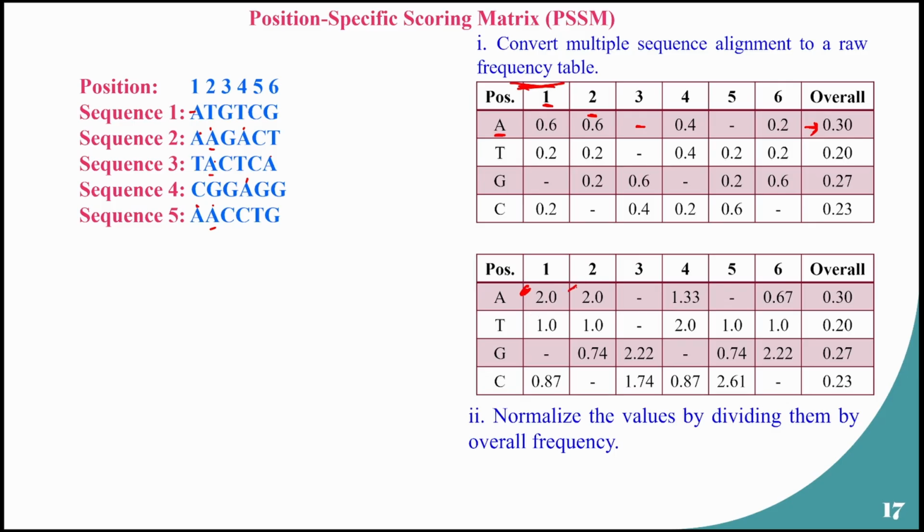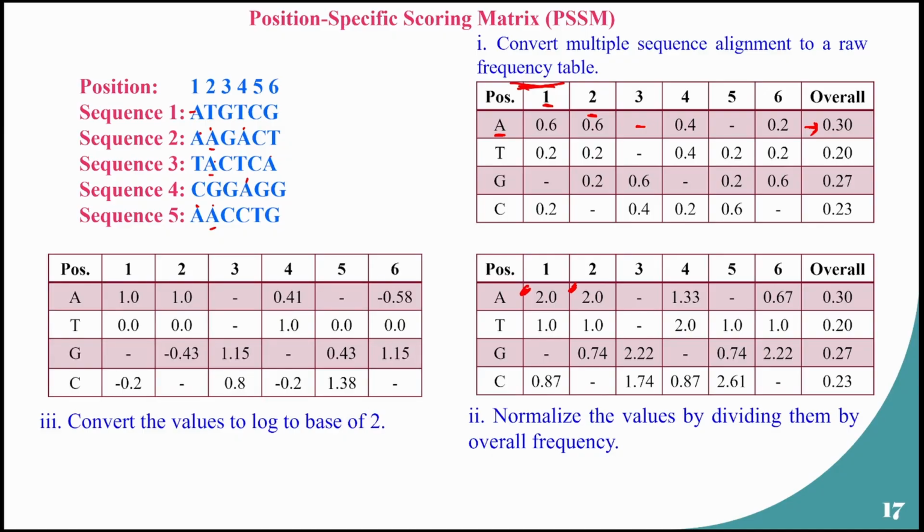Then again, in the next case, you get 2.0, and so on and so forth. For all of these cells, you divide the original value by the overall value for this particular base, and then you convert the values to the log base of 2. So log base 2 of 2.0 will be 1.